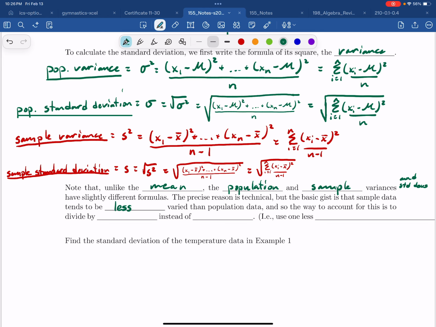So the sample variance and sample standard deviation might be a little bit artificially lower than they should be. The way to account for it is to divide by a slightly lower number, which raises it a little bit, putting it more in line with the population standard deviation. To be a little technical, you say you're using one less degree of freedom.